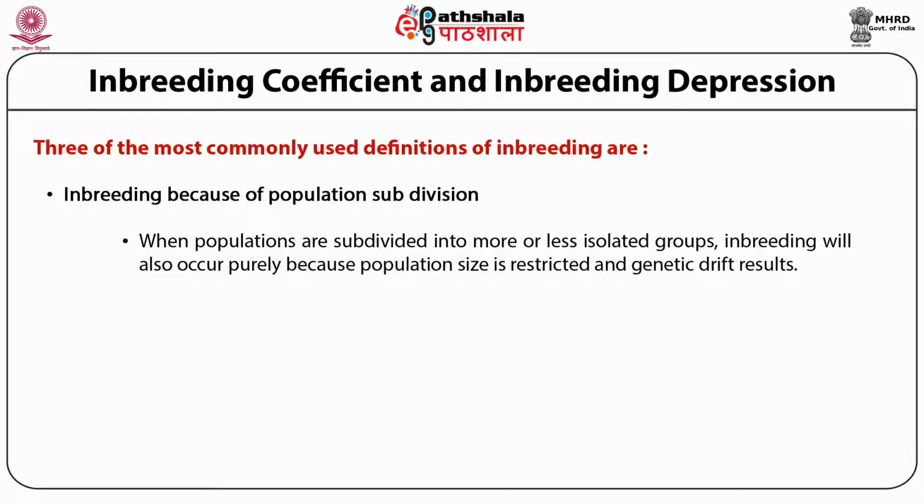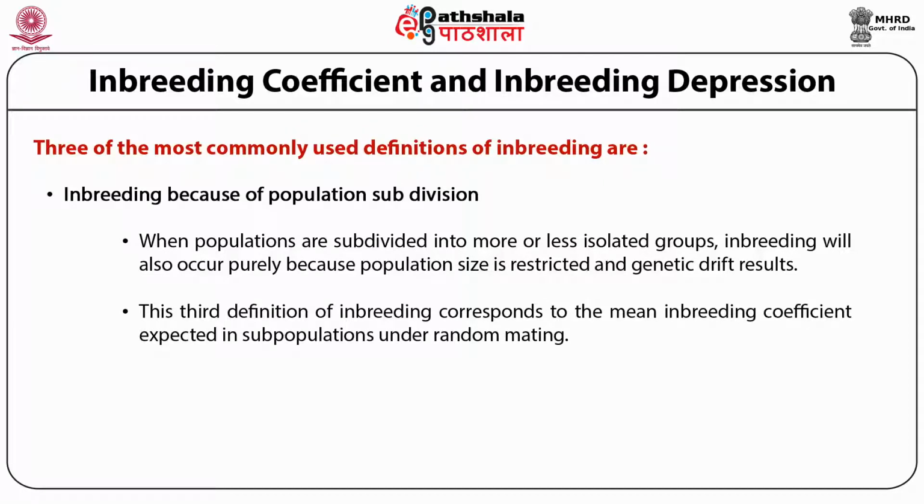This occurs even if mating is random within subpopulations. This definition was given by Crow and Kimura in 1970. This third definition of inbreeding corresponds to the mean inbreeding coefficient expected in subpopulations under random mating.